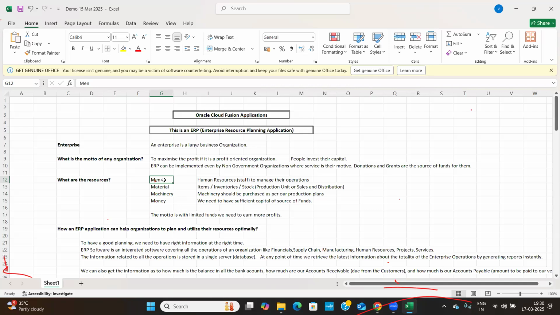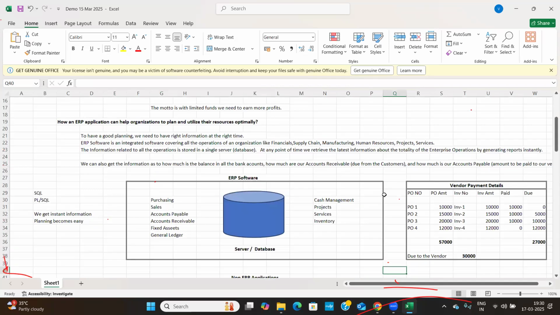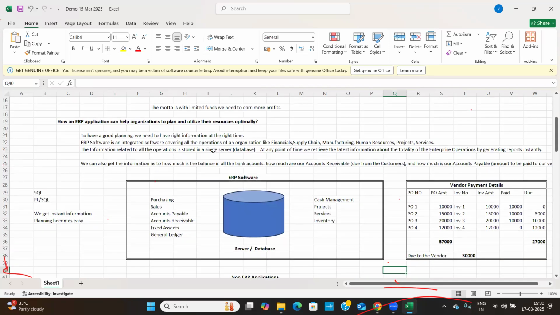For any resource planning you want to have ready information. That ready information is possible only in ERP applications, where the entire operations of the organization are recorded into one single server. So at any point of time, you will have the ready, up-to-date information.